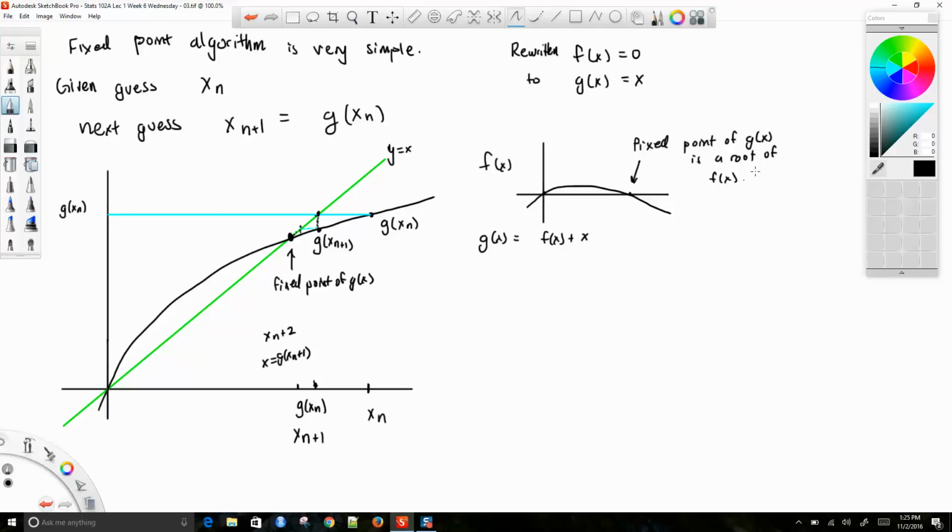Yes? Just to clarify, g of x equals f of x plus x? Yes. g of x is f of x plus x, or it could be one of many other ways. All we're doing is trying to re-express f of x in such a way that the new form is g of x is equal to x.